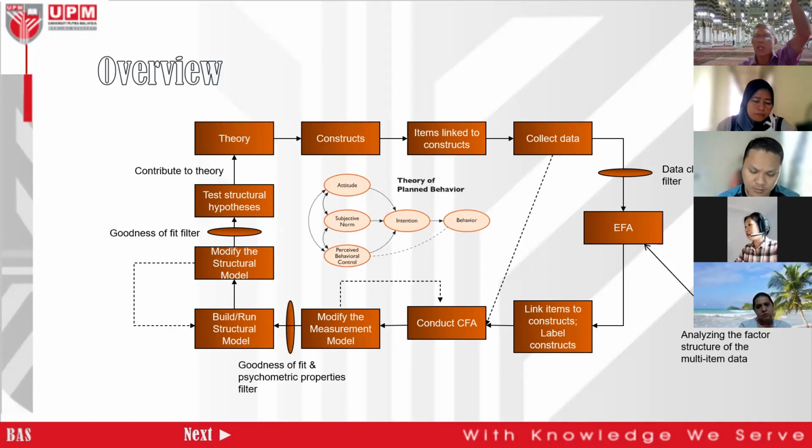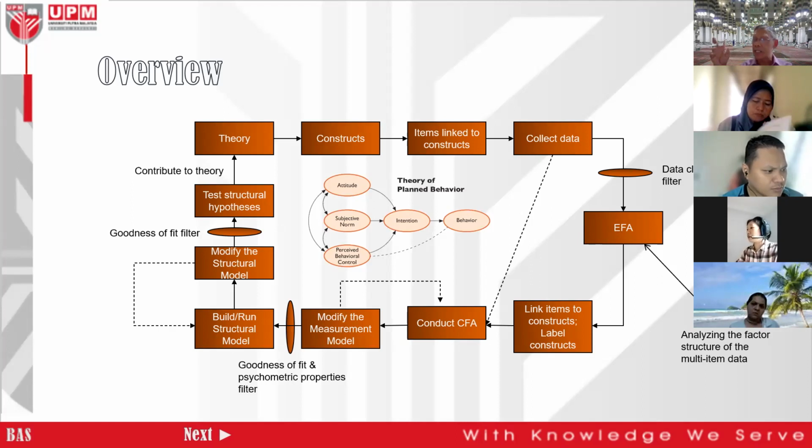We just lump them as one group of variables in one structure, and that structure is called the measurement model. In the measurement model, we test for discriminant validity. That means if we take any two constructs, we want to make sure that these two constructs discriminate each other, meaning each is a unique variable by itself.